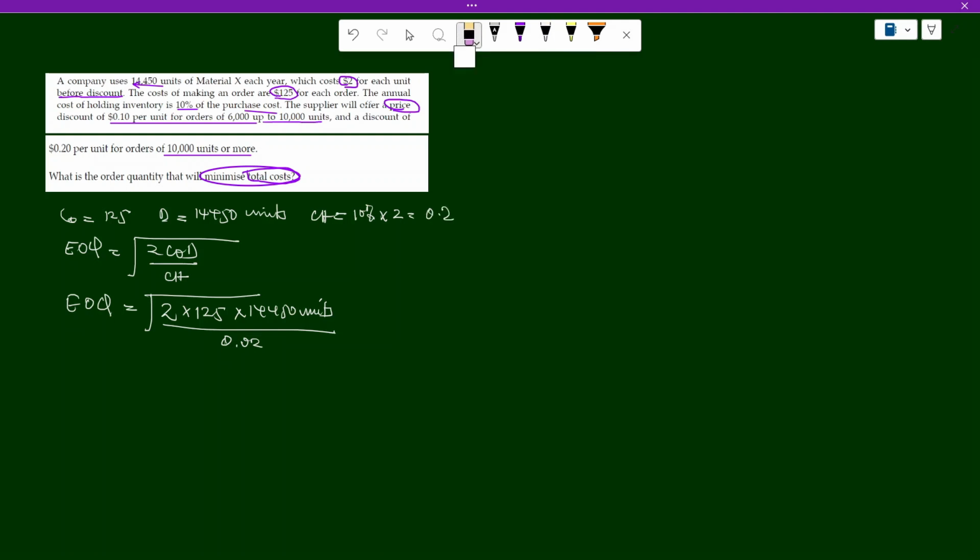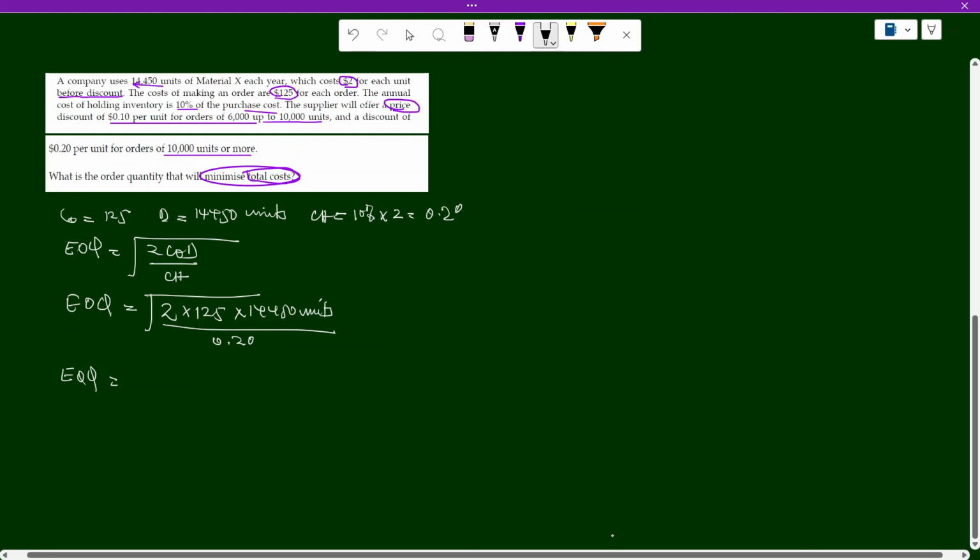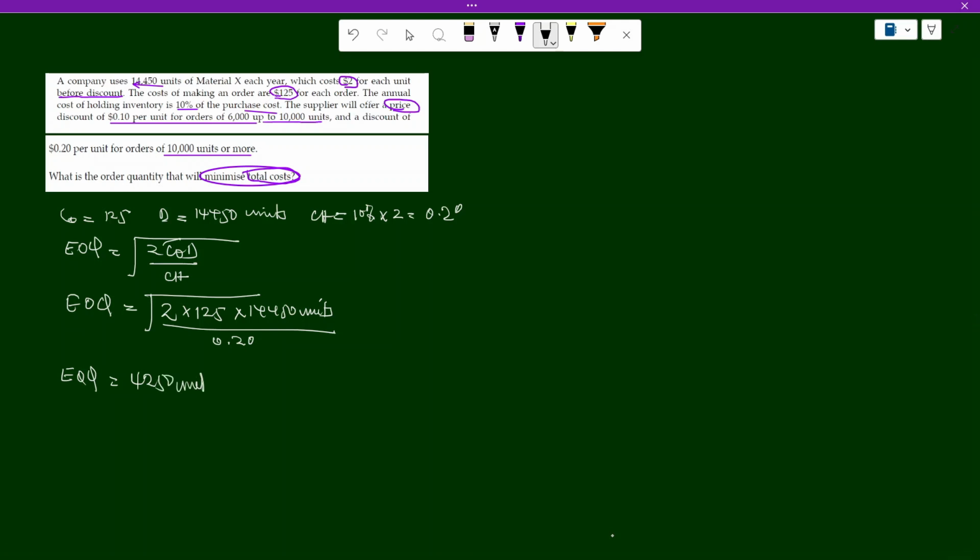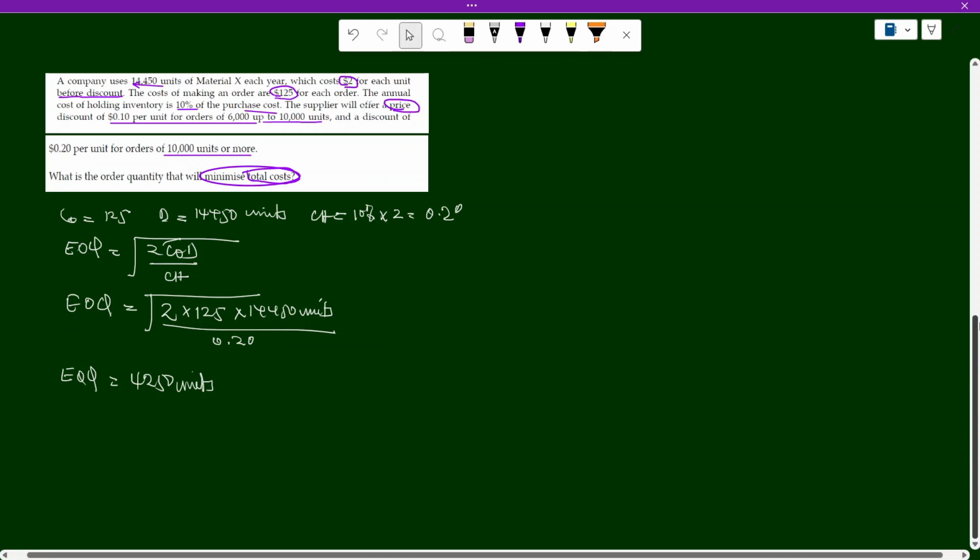So the economic order quantity will give us 4250 units.